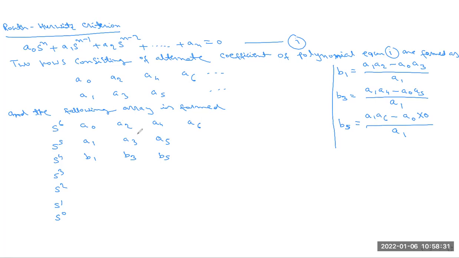The first column is common, plus this one and this one. So A0, A1, A6, and in that case, this is a blank position. When a blank position comes, you have to consider it as 0. So A1 dot A6 minus A0 dot 0, divided by A1. Is it clear, all of you?